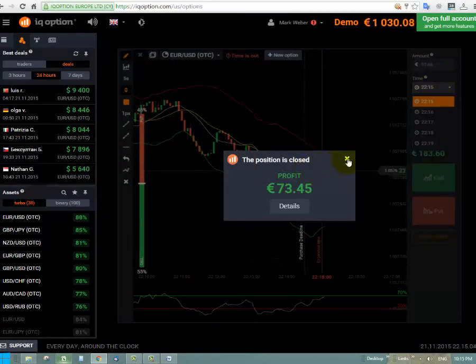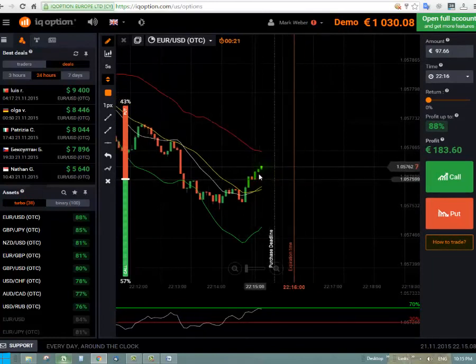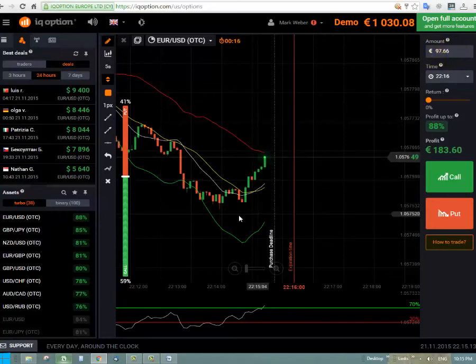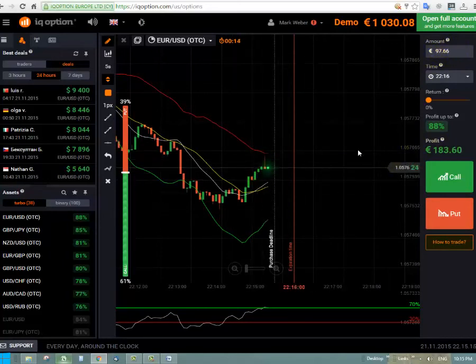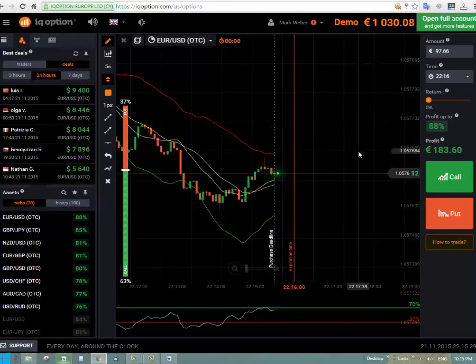And there's our profit. It wasn't necessary to make the 6th position, so as you can see, on the 5th position we won the trade. Well, we have now 1030 euros.